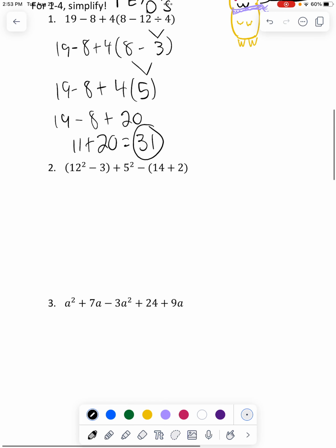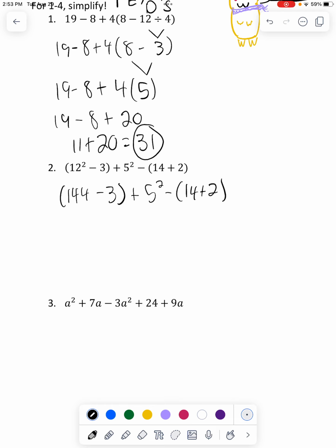We have a similar problem with number 2. Number 2, we have 2 sets of parentheses, so we're going to work left to right within those parentheses, following the order of operations. The first thing we're supposed to do within this parentheses is the exponent. Then after that, we have the 144 minus 3.